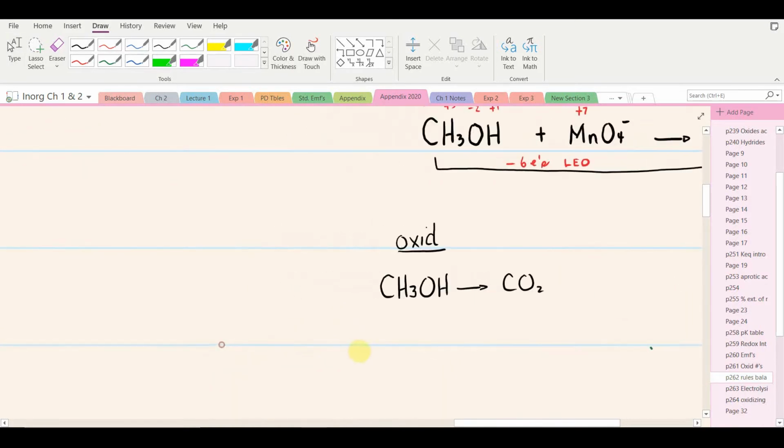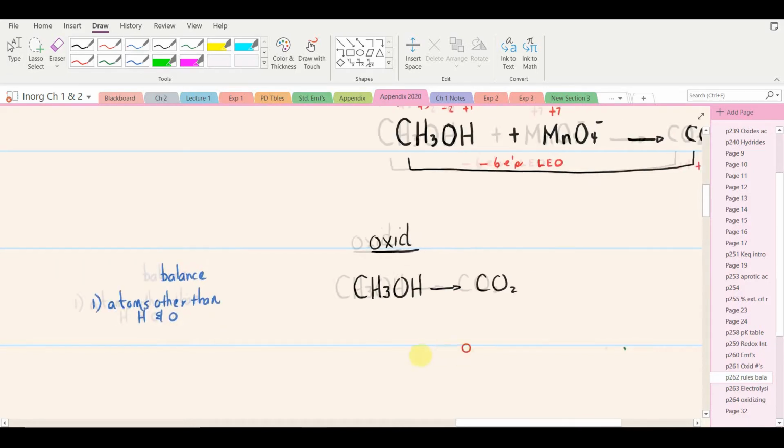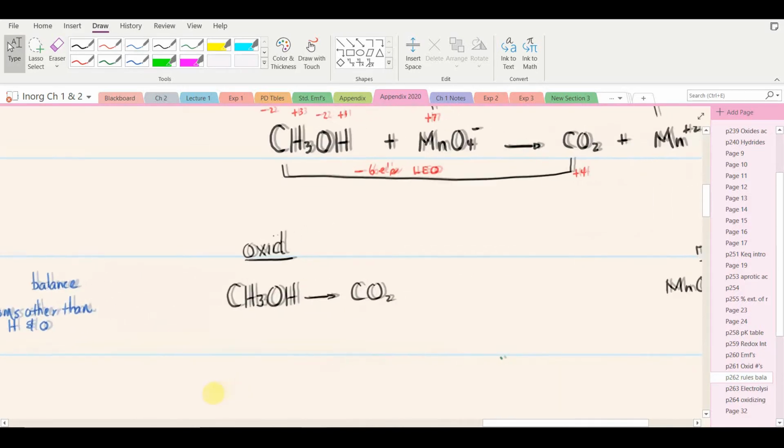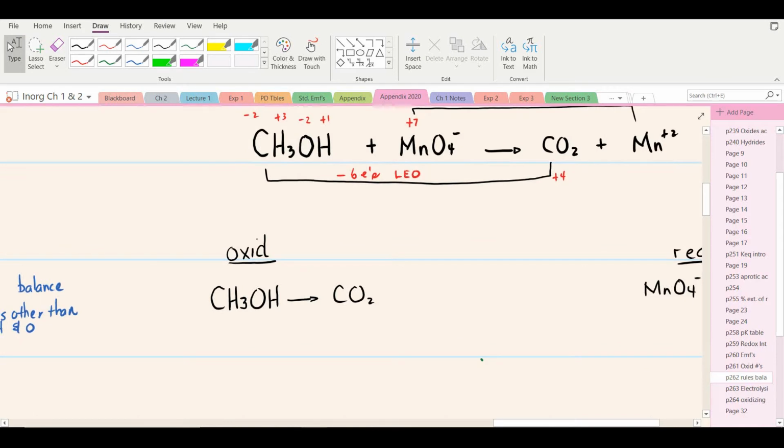Now I'll just, as briefly as I can, write up the rules as I go. So rule number 1 is you balance the atoms other than hydrogen and oxygen. So in the case of this oxidation half reaction, that would be carbon, and it's already balanced, so we can continue on.